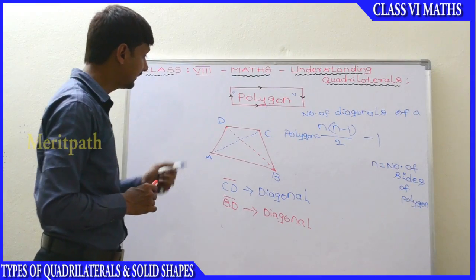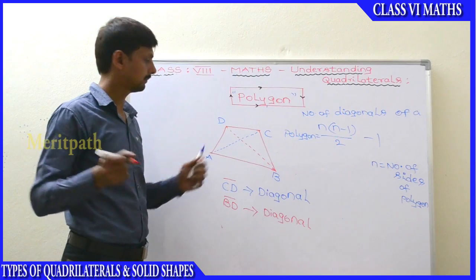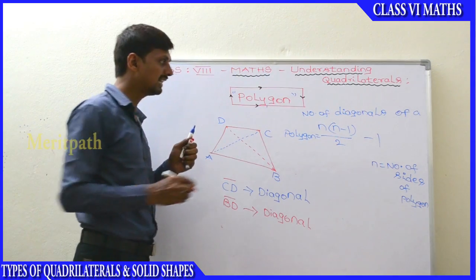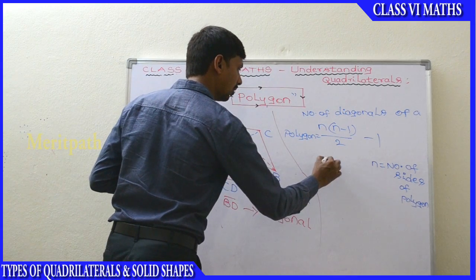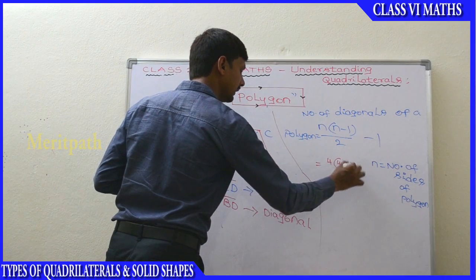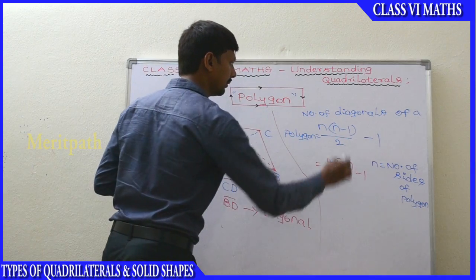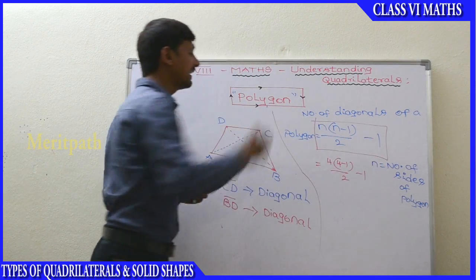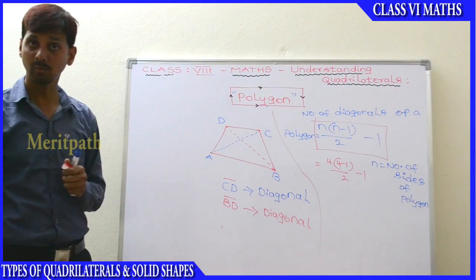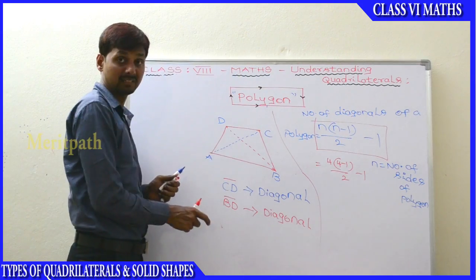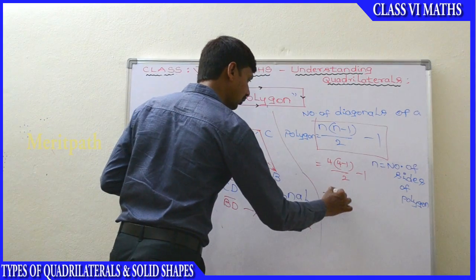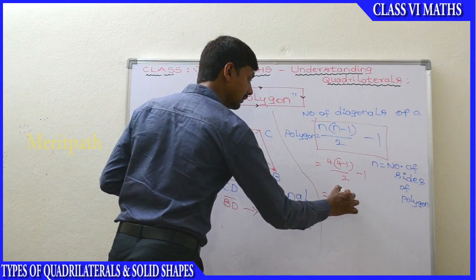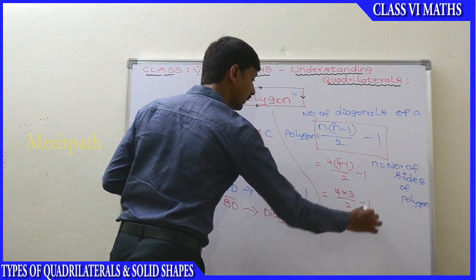The number of sides of this polygon is 4 because it's a quadrilateral. So we take 4 into 4 minus 1 divided by 2 minus 4, because this is the formula, n into n minus 1 by 2 minus n.